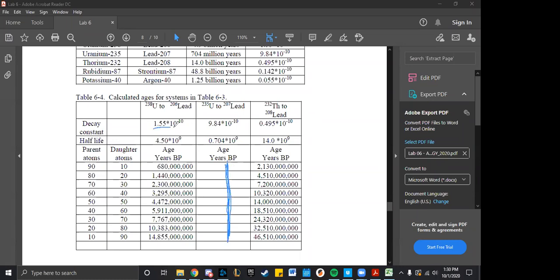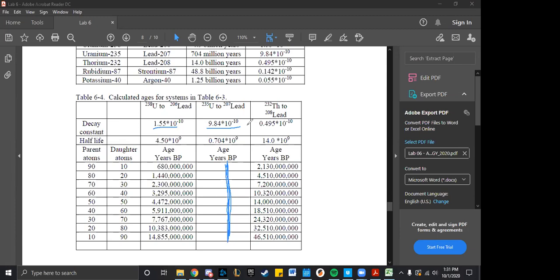So instead of using this number, we would do this number. So it should be 9.84 times 10 to the negative 10th.